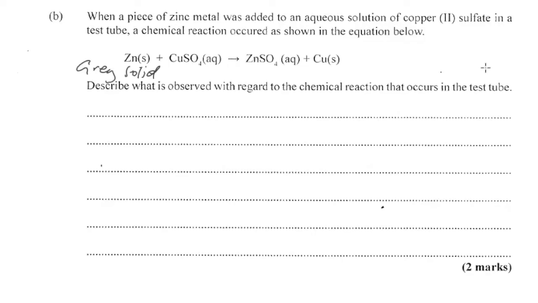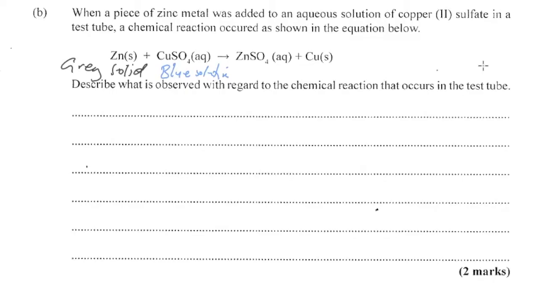The copper-2 sulfate is a blue solution. Zinc sulfate is supposed to be colorless. We'll address that in a bit. And the copper solid would be a pinkish brown solid. All right, so let us look at what will happen.